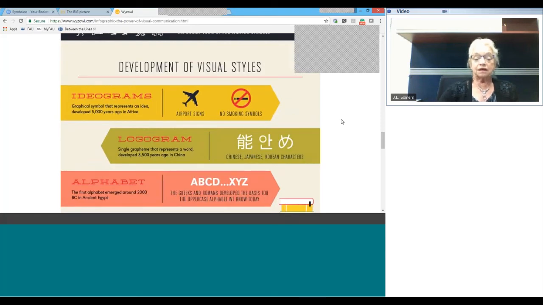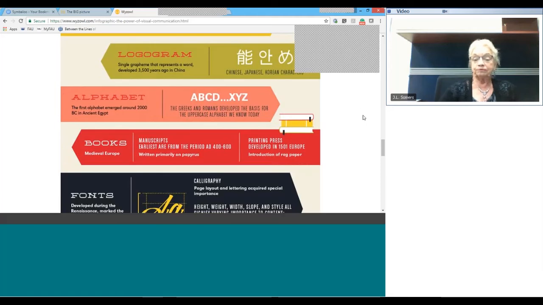And the Asian influence, the way that they represent words, is of course totally different than the alphabet that we use, in that the drawings represent words rather than letters. And of course, then our own alphabet that started 2,000 years ago, and the way we know the alphabet today.